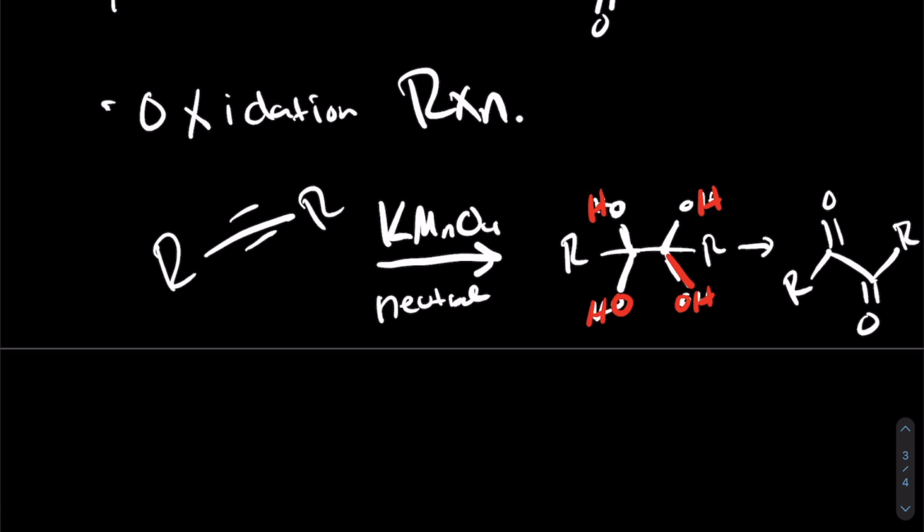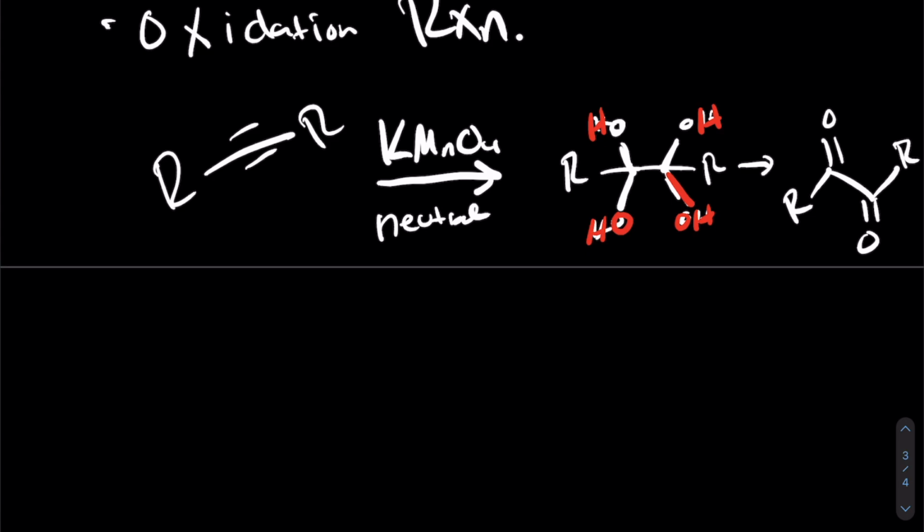This is called a geminal diol, and they're just not stable. You'll learn more about two alcohols on the same carbon. They can do some pretty neat chemistry if one of them has two carbons attached to the oxygen, and that'll be in the next chapter. So this process under neutral conditions gives you a diketone.